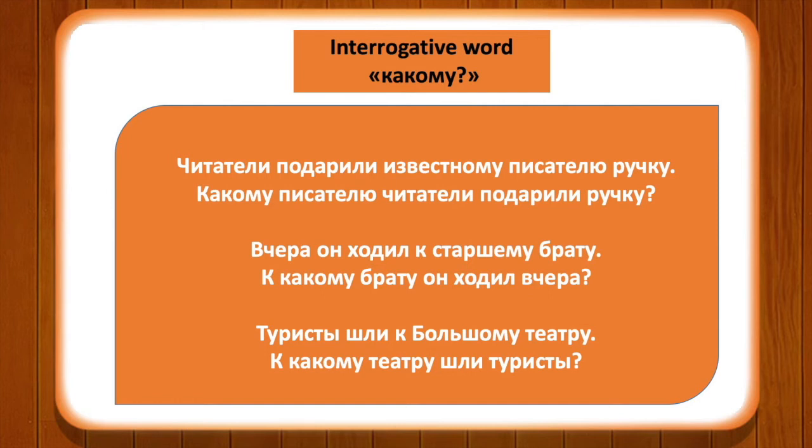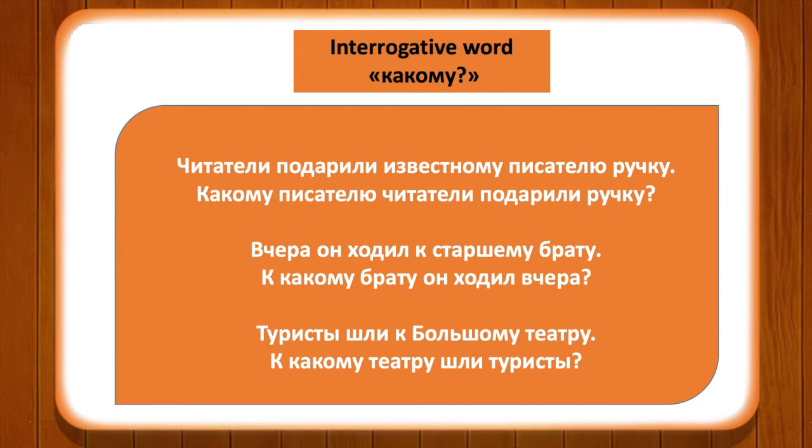Now let's pay attention to the next sentence. Вчера он ходил к старшему брату. К какому брату он ходил вчера? So here, if you pay attention, we have used the expression к какому. К какому брату он ходил вчера? К старшему брату он ходил вчера.